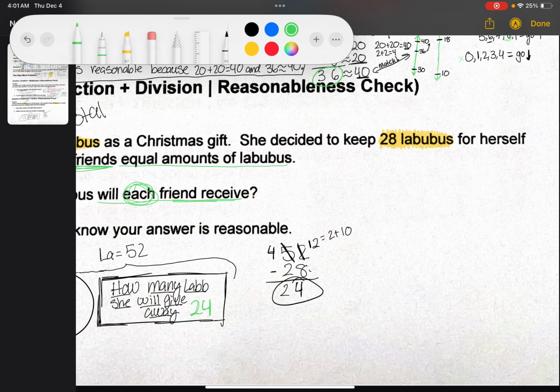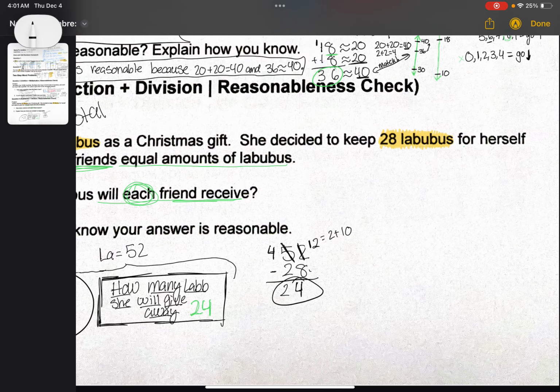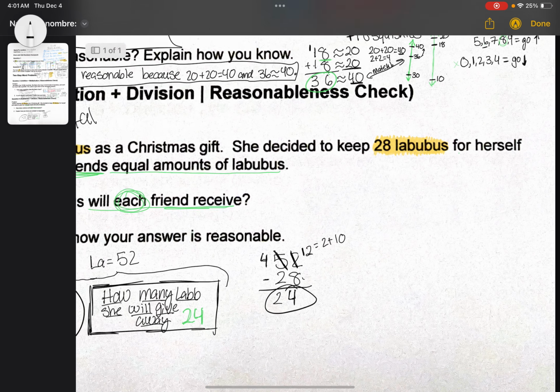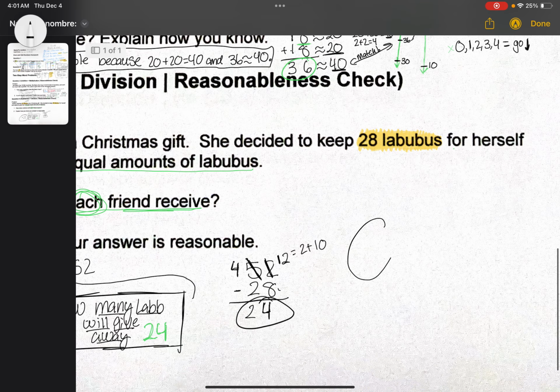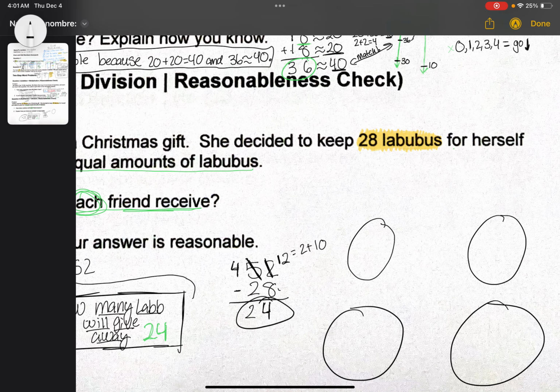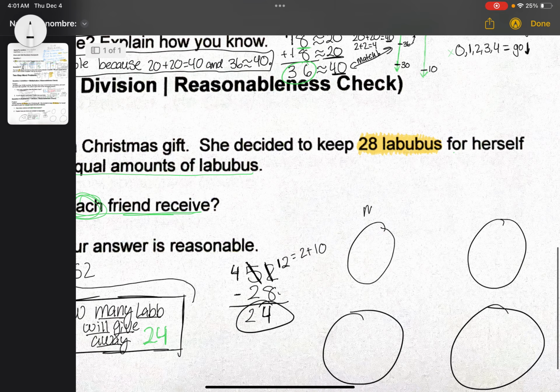Now, we have, how many friends do we have? I forgot. Oh, we have 4 friends, people. So 1, 2, 3, 4. I'll say Maya, James, I need another name.